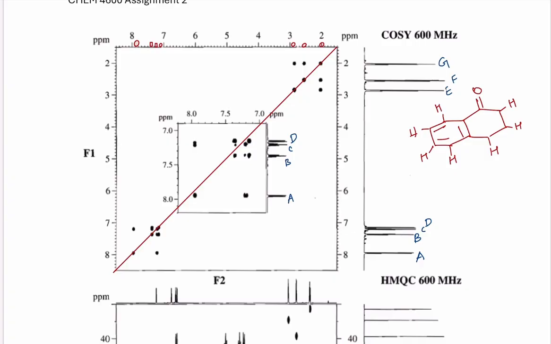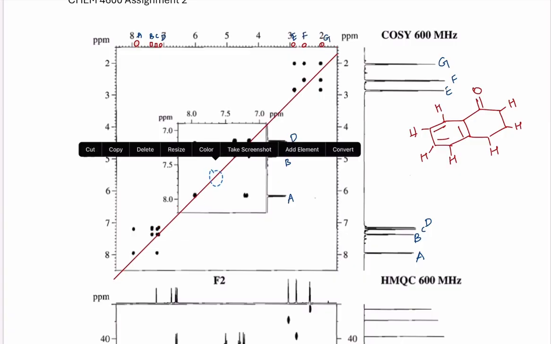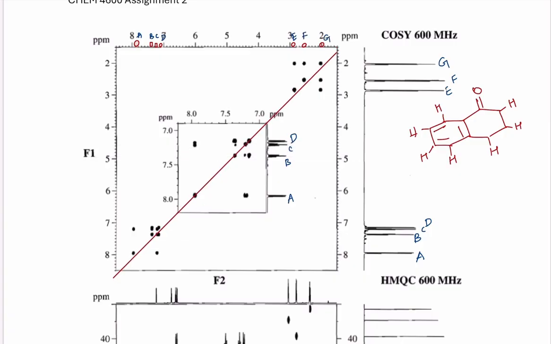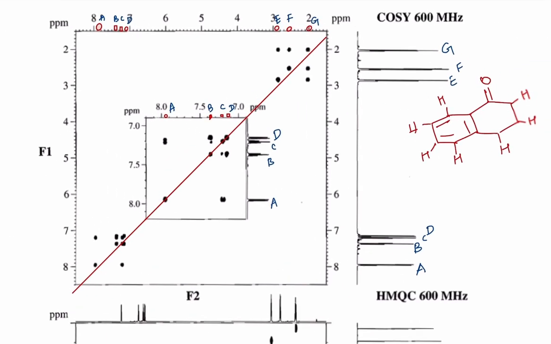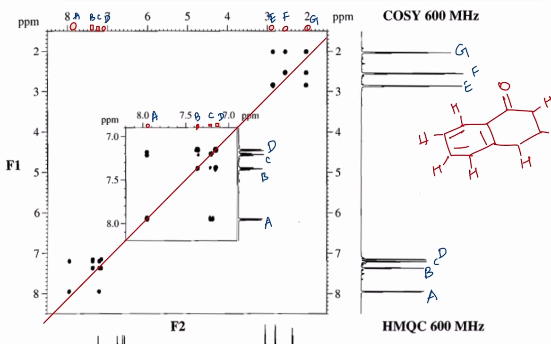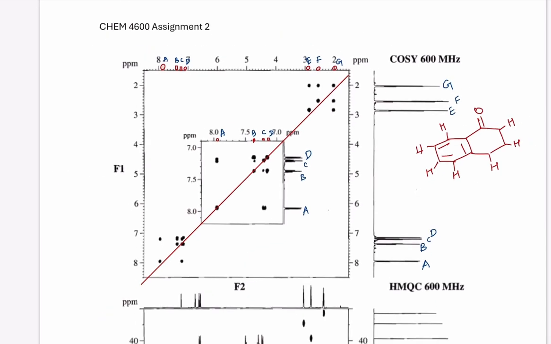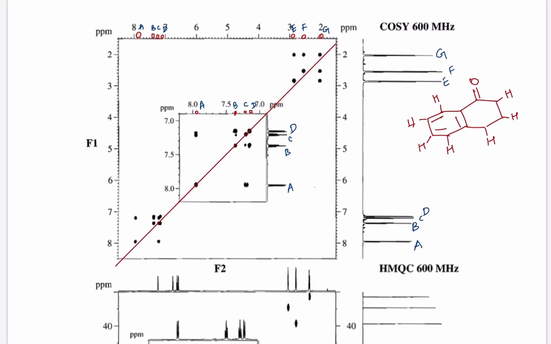Let's mark these points as A to G. We can also work on the expanded part. Okay, so we have done exactly the same thing where we have lettered the peaks present even in this enlarged section.